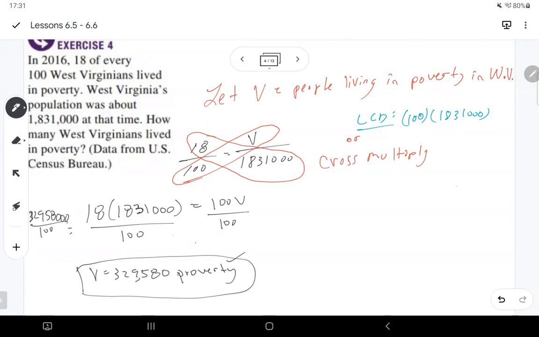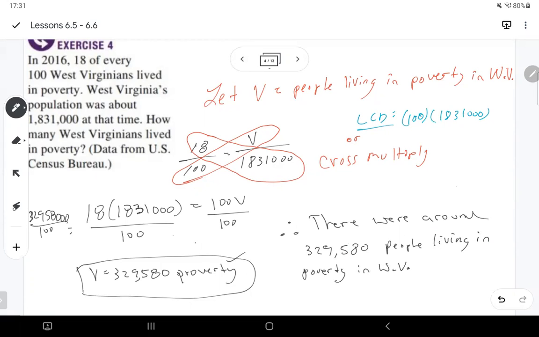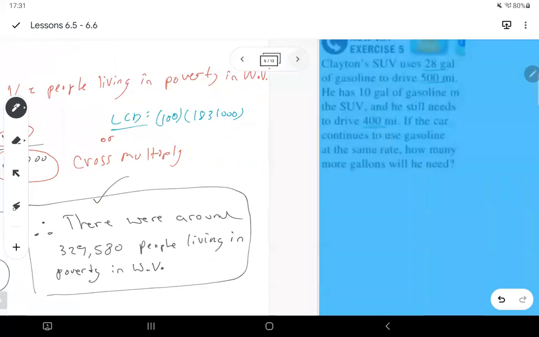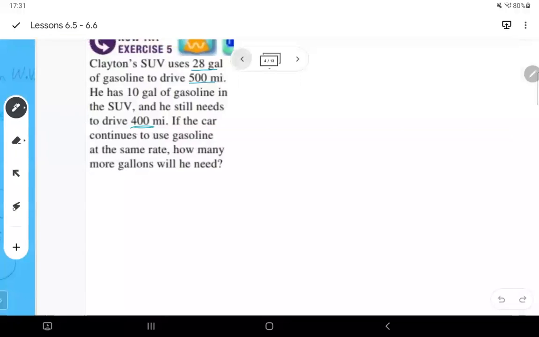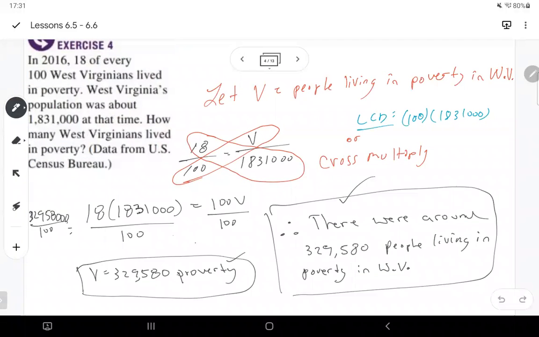So then you would conclude, you want to say around or approximately, because we don't know how exact they were. And you guys can pause that and take the notes down, or pause the video as you go through it.